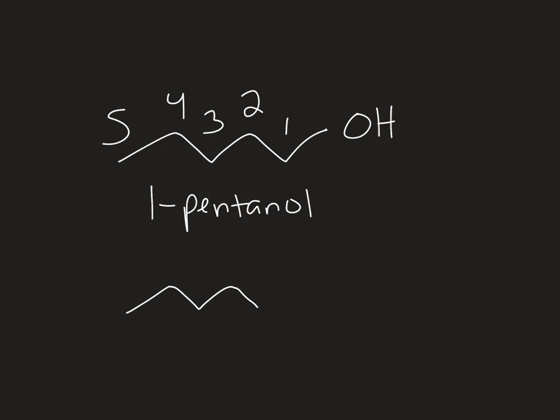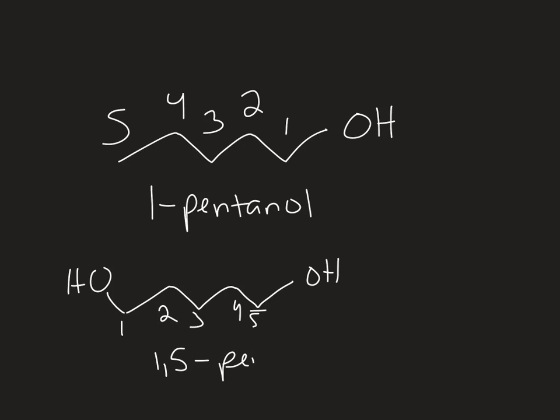If I took the same thing, put an alcohol on this end too, 1, 2, 3, 4, 5, it wouldn't matter which side I counted from because I would get a 1,5 either way, but this would be a 1,5-pentanediol, and you can see that I left the E there. So if there's ever more than one alcohol, 2 or more, then you're going to leave the E there. If there's only 1 alcohol in your root name, then it's just the OL, and you take off the E.